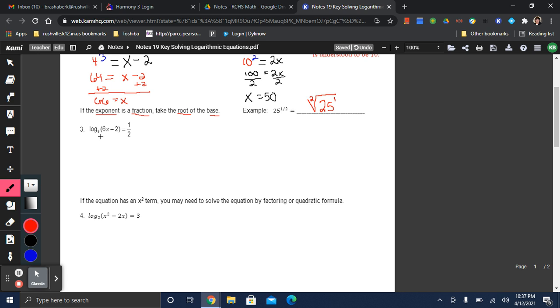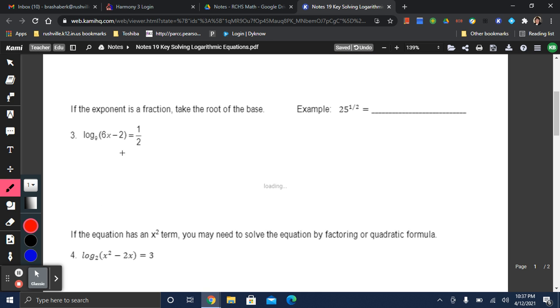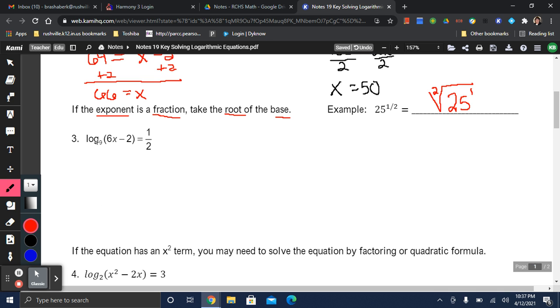So as we work on this problem, you have your 9 as the base. So you'll have 9, and then your exponent is this 1/2. So 9 to the 1/2 power is going to equal the argument 6x minus 2.